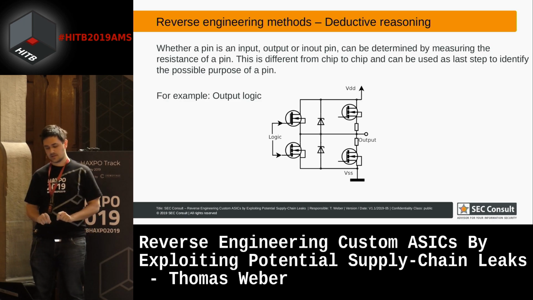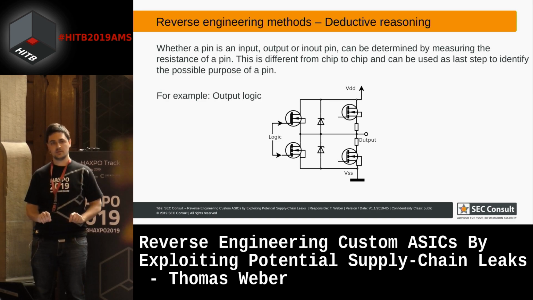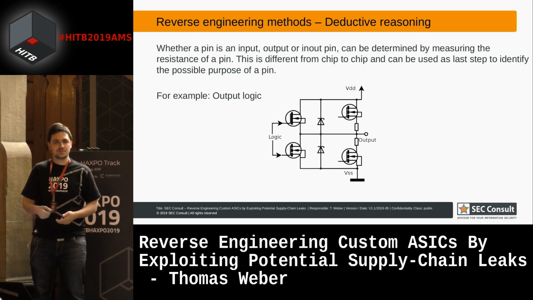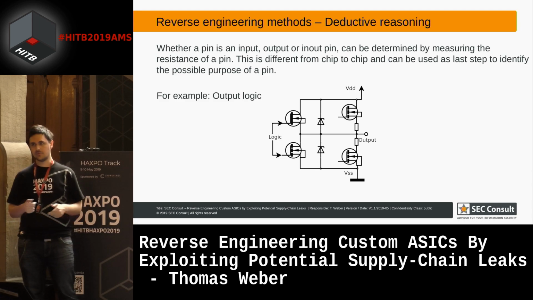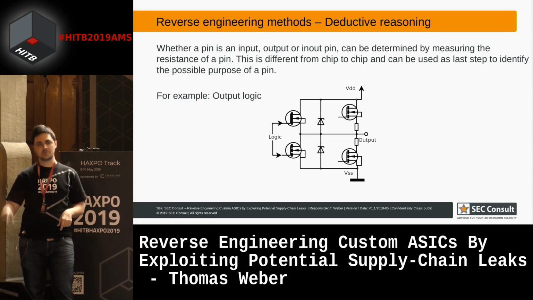You have some kind of protection circuitry in between, and when it is output, then just output logic. When it is input, just input logic, and when it is input and output, both. And you can measure the resistance of all these three options.